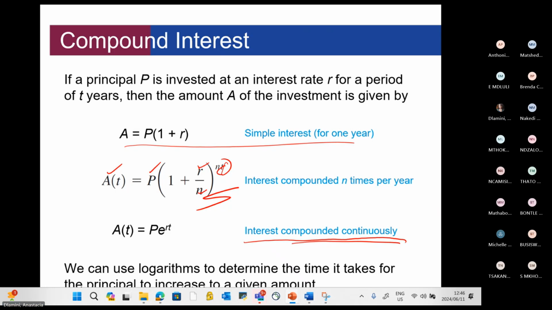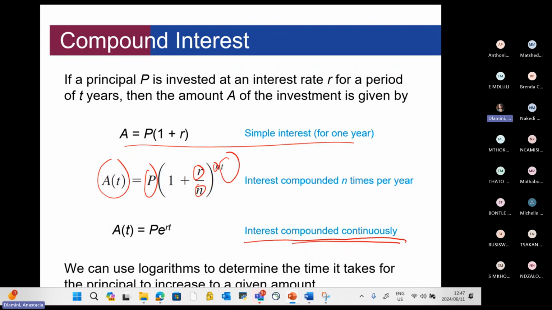Remember, if you are given A, P, N and R, how did you find T? Yes, we take the logarithm, the common log. Yes, thank you.